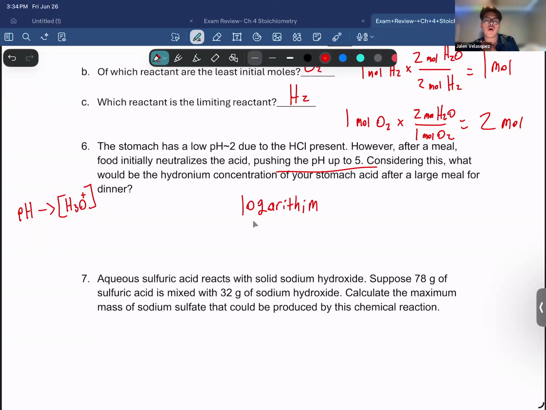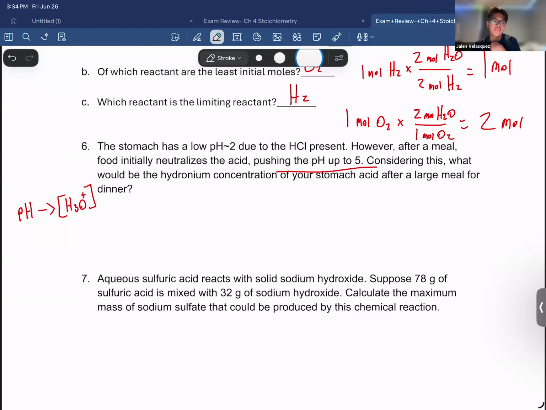So you need to know that a logarithm has a base 10, right? So if I have this number in pH, it means it already has that base 10 put into it, right? So to go from pH to the hydronium concentration, I have to undo the logarithm, in other words, undo that base 10.